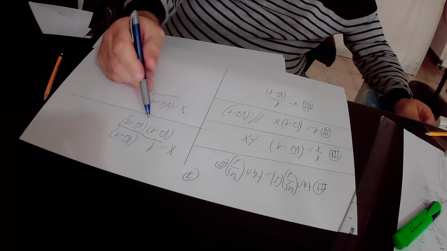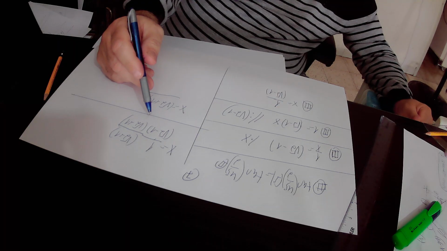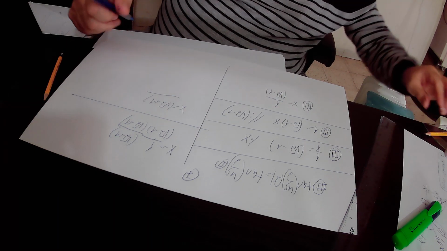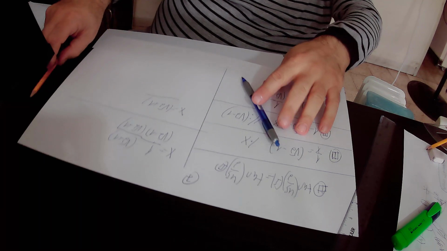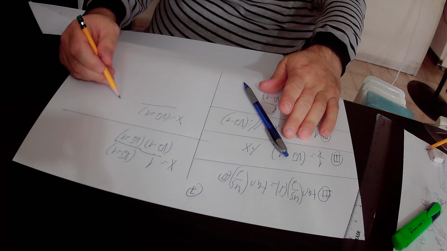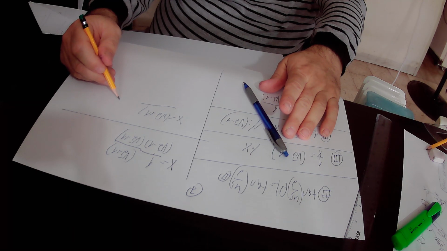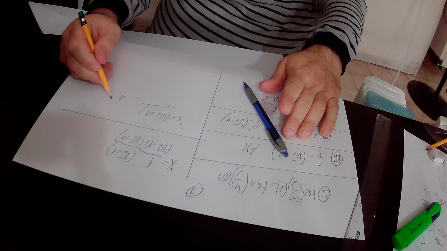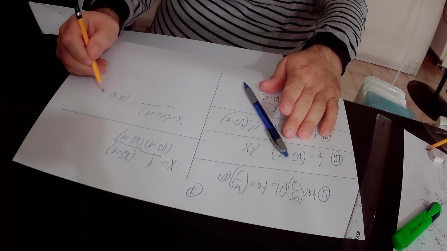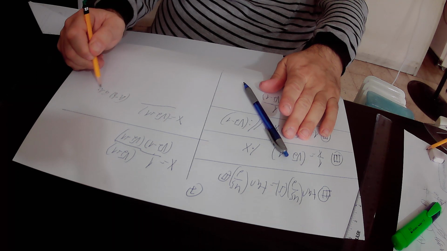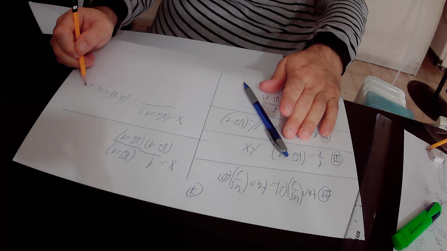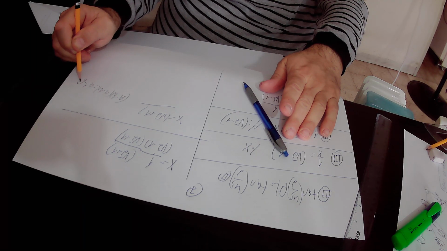We use the algebraic identity that a minus b times a plus b equals a squared minus b squared.